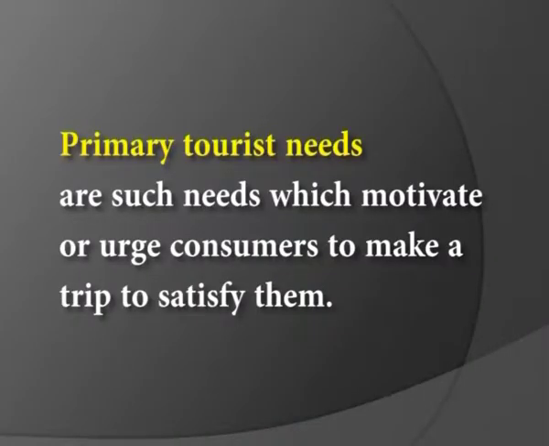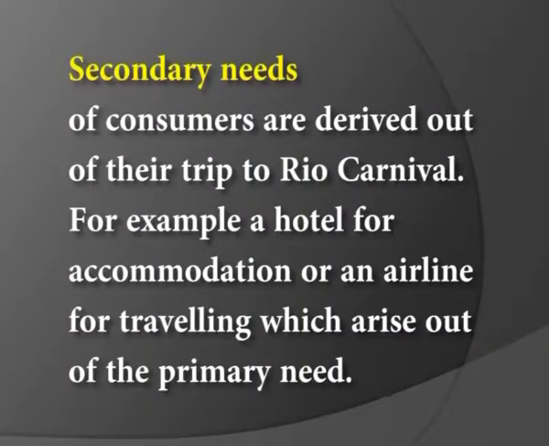Primary tourist needs are such needs which motivate or urge consumers to make a trip to satisfy them. For example, a person wanting to see and participate in the Rio Carnival is a primary need. Secondary needs of consumers are derived out of their trip to Rio Carnival. For example, a hotel for accommodation or an airline for traveling, which arise out of their primary need.